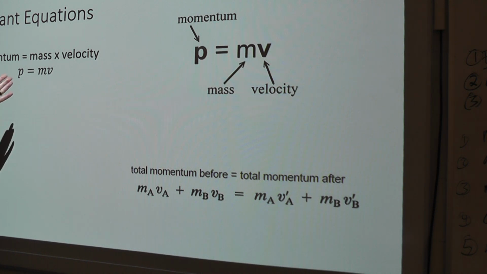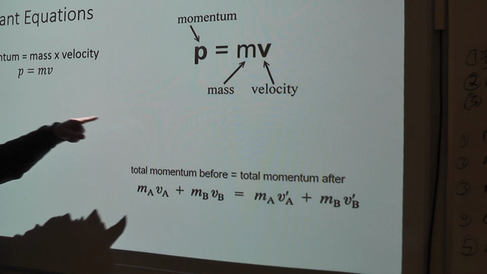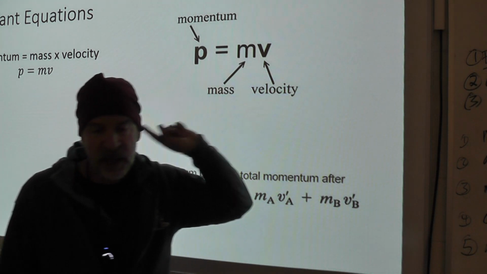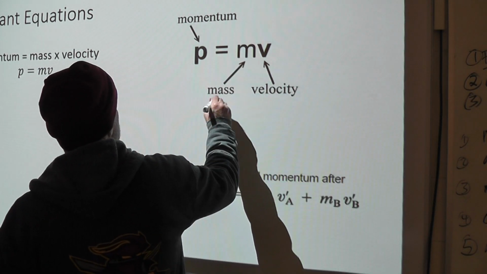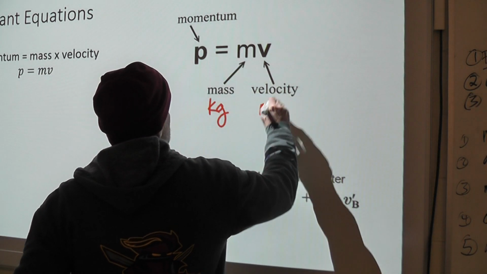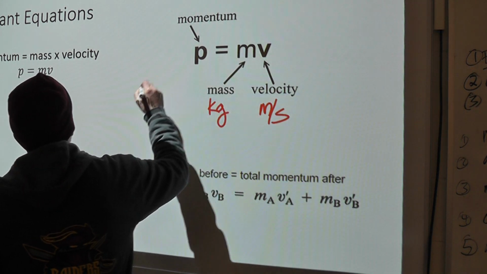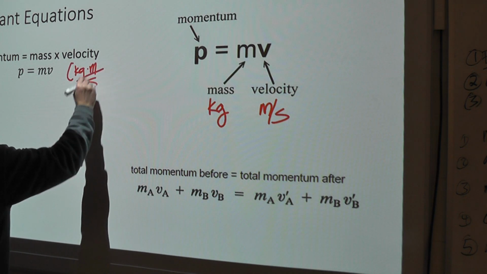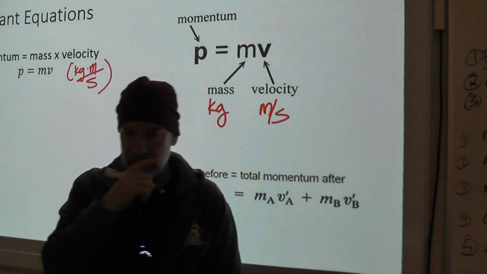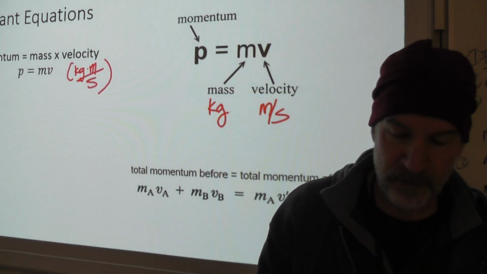So p equals m times v. The mass is typically going to be measured in kilograms. Velocity is typically going to be measured in meters per second, which means momentum is typically going to be measured in kilogram meters per second, which is an awkward unit, and there's not much we can do about it.